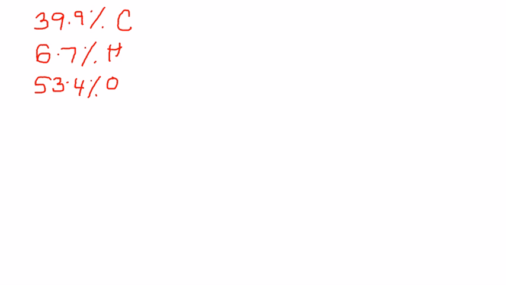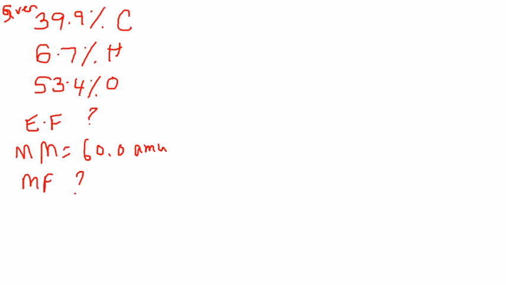The question is to figure out the empirical formula. In addition, it has been given that the molecular mass is 60.0, and they're asking you to determine the molecular formula as well.